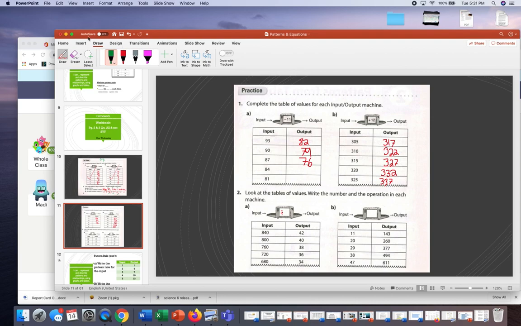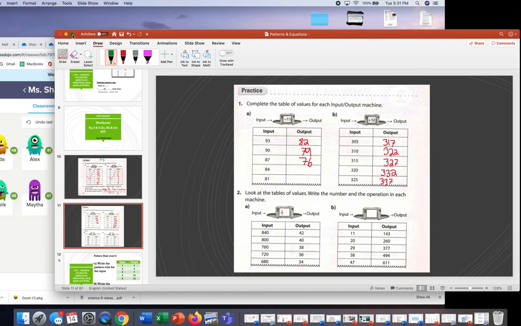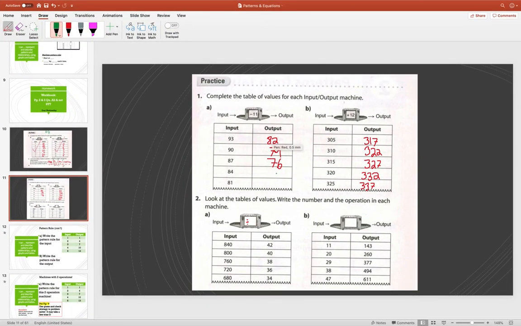Okay, so what we're doing here is the same thing. We are just following what the input-output machine is telling us to do. So 93 minus 11 is 82, 90 minus 11 is 79, 87 minus 11 is 76, 84 minus 11 is 73, and then 81 minus 11 is 70.